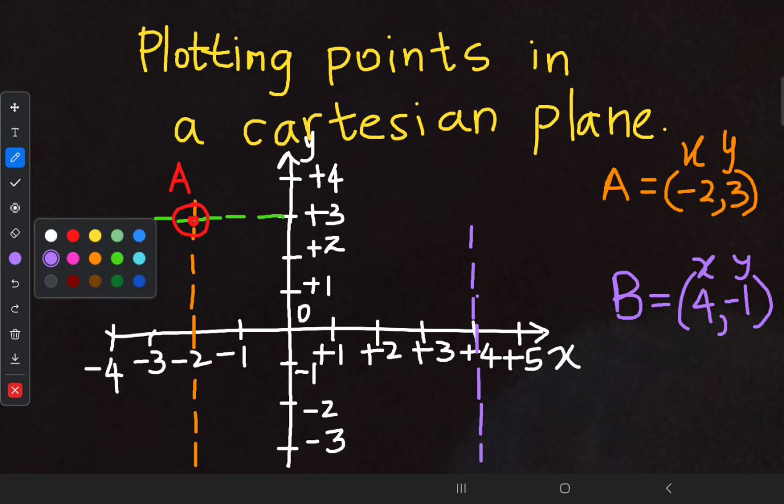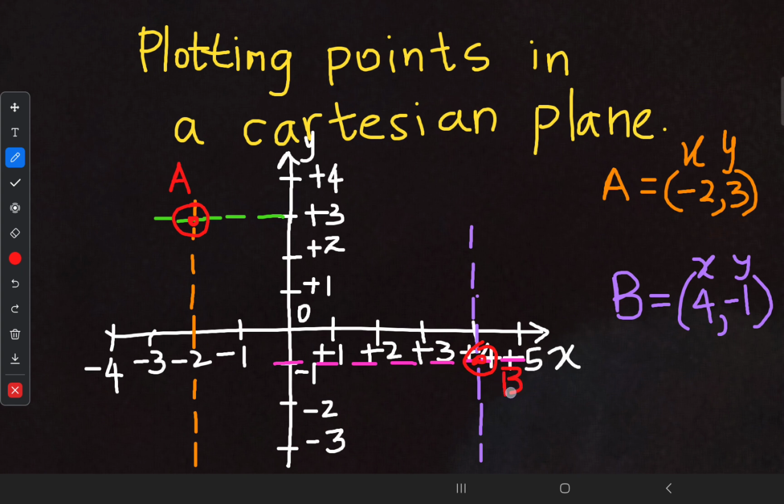The next condition is y is negative 1, so we have to draw a straight line through when y is negative 1. When these two lines intersect at this place, this is our location of point B.